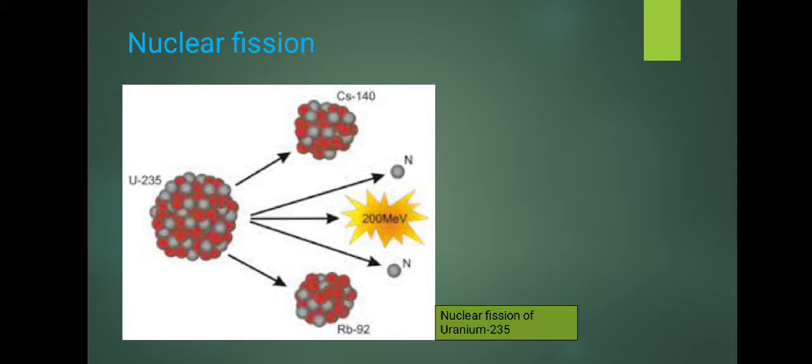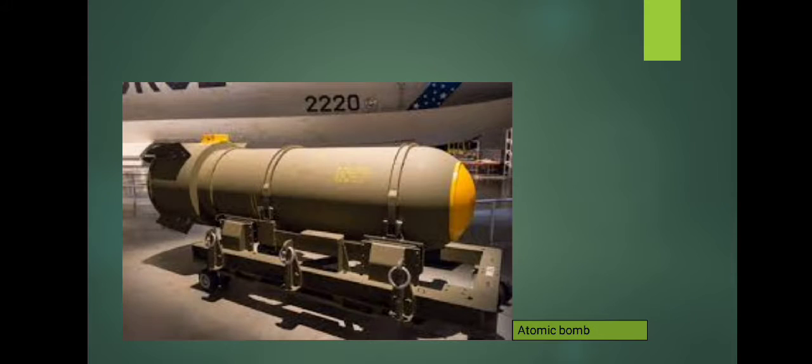The second has been used to destroy humanity, using atomic bombs, where the chain reaction is not controlled. This energy is locked up, and the moment of colliding, this energy is released. This caused a lot of damage to humanity in the past.